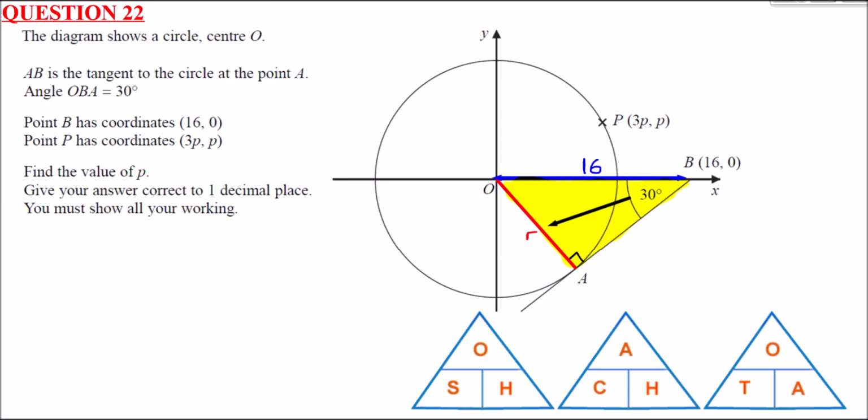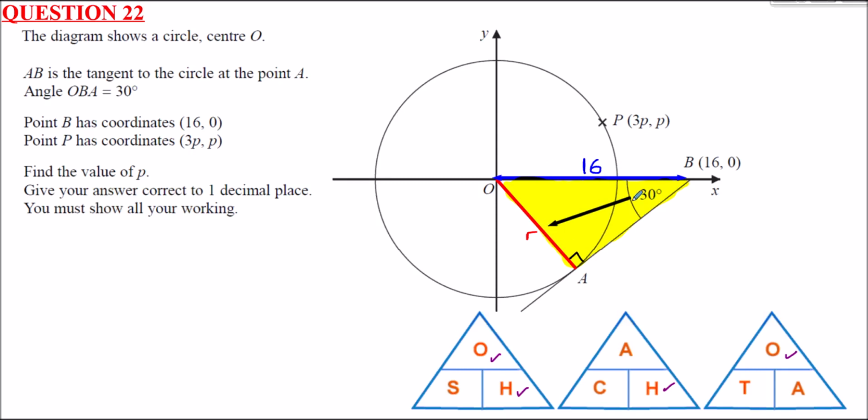So I can tick the opposite because I want to find this. I also know the hypotenuse, so tick hypotenuse. So which triangle includes the side I know and the side I want to know? Which one includes OB and the radius? It's this triangle here. So for that reason, I'm going to use the SOH triangle to work out the radius.